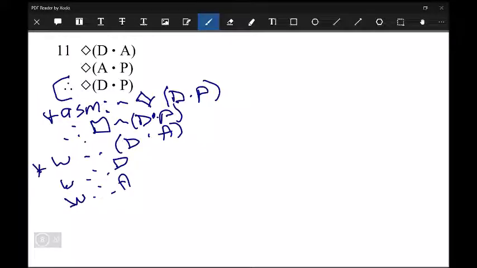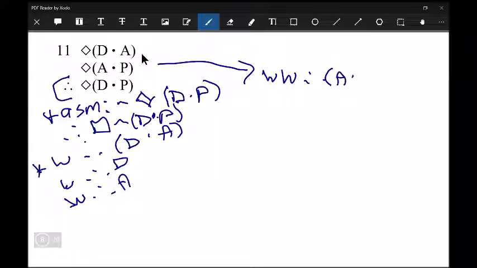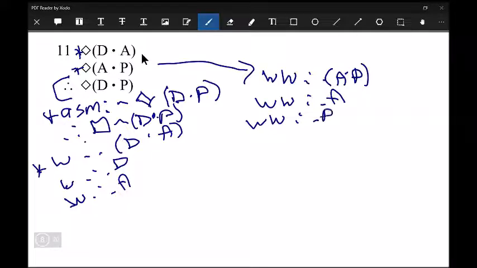And let's put this one in another column over here, just to make it a little neater. So possible A and P, therefore in another possible world, you get A and P, and star these. Therefore, in world W you got A true, and in world WW you got P true.